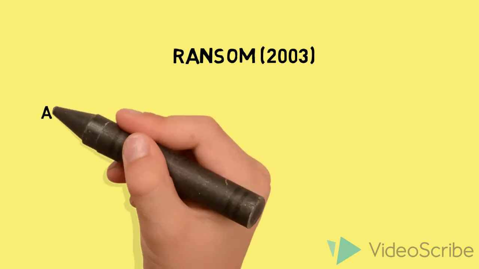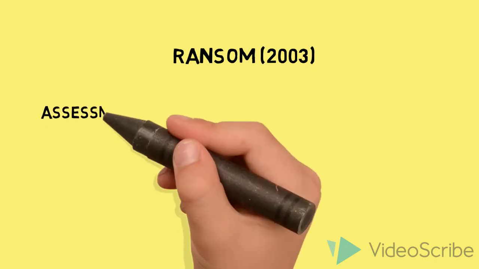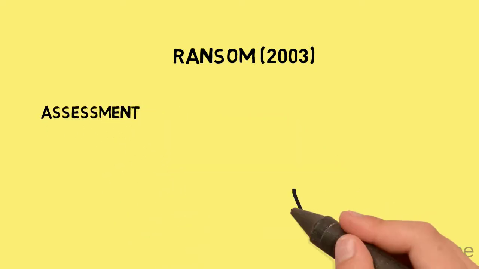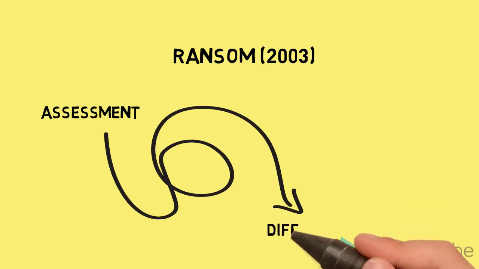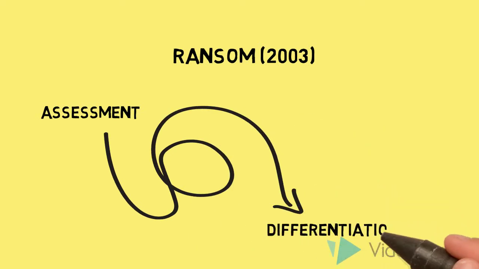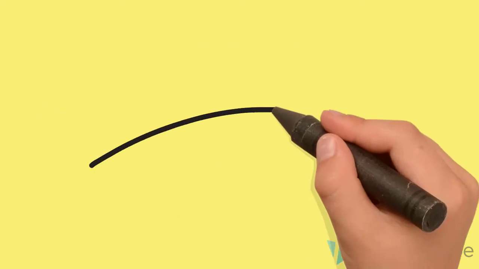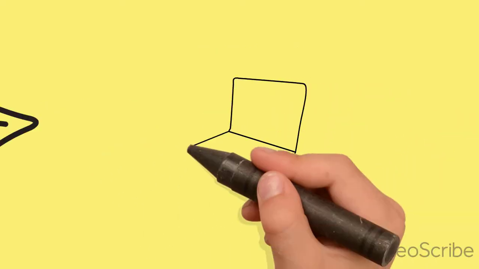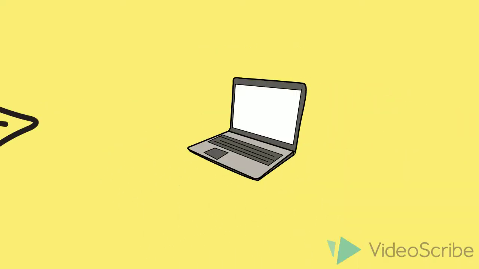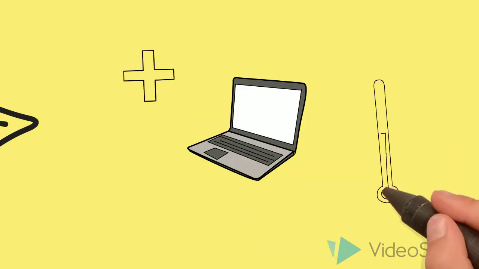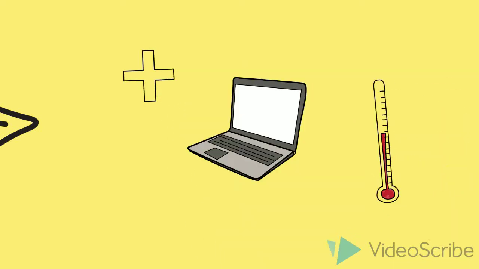Ransom 2003 put forward the varying ways in which ICT can be used to benefit teachers, from assessment to using ICT as a differentiation tool so children can work at their own pace. However, children's ability to apply their ICT capability across the maths and science curriculum is largely dependent on the effective teaching and learning of ICT.